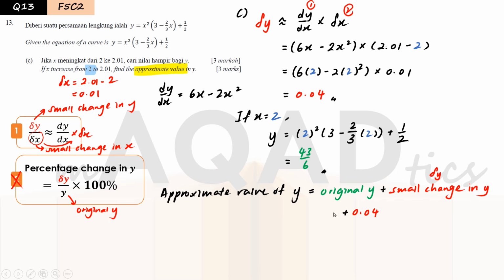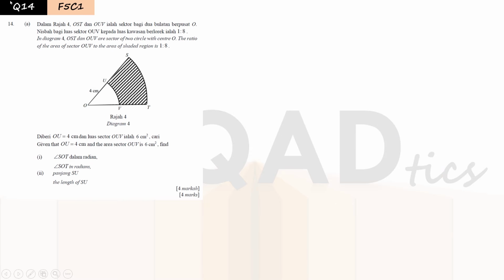I can put it here. Now I have the original value of y and the small change in y. I can add them together, and this would be the approximate value, 1081/150, or in decimal format, 7.207.